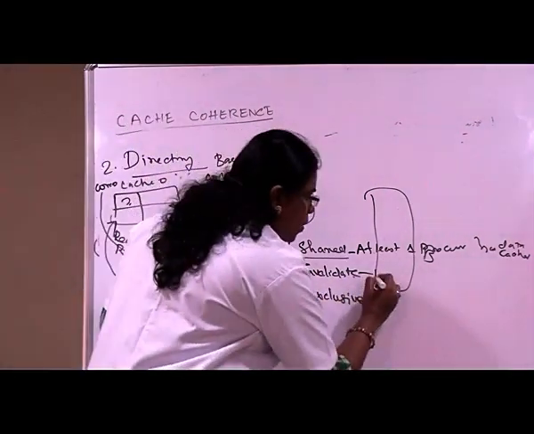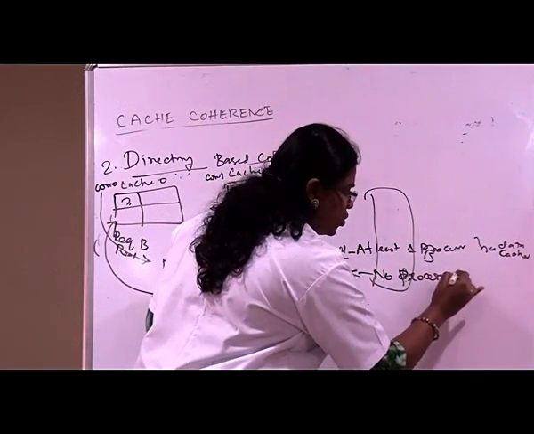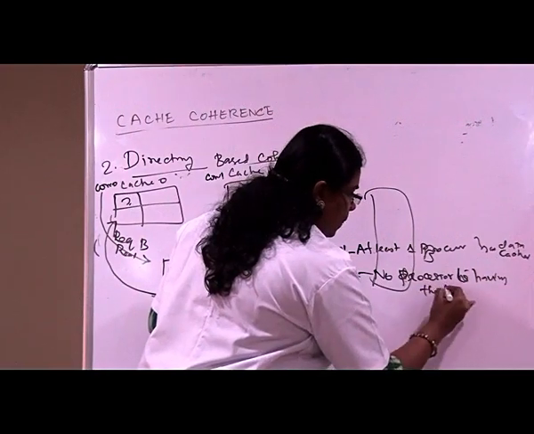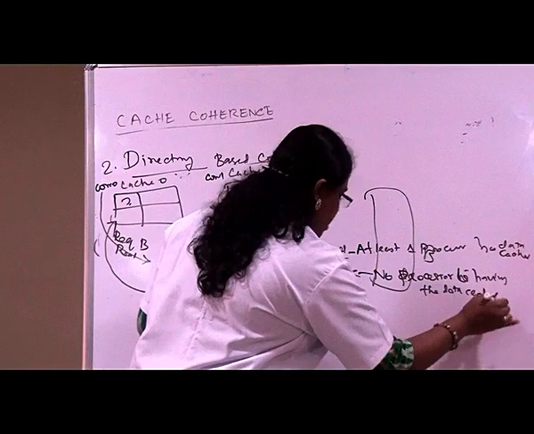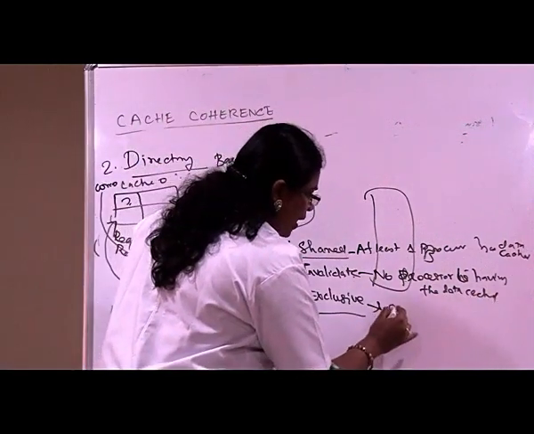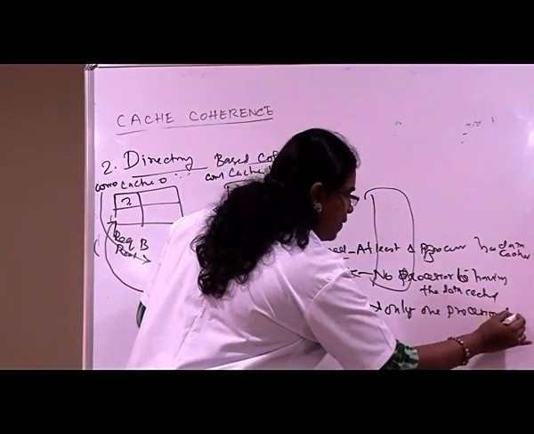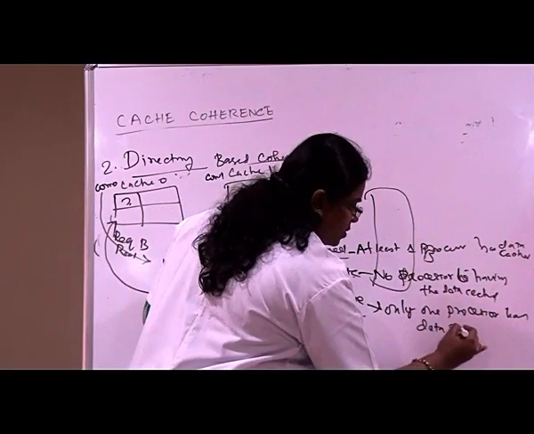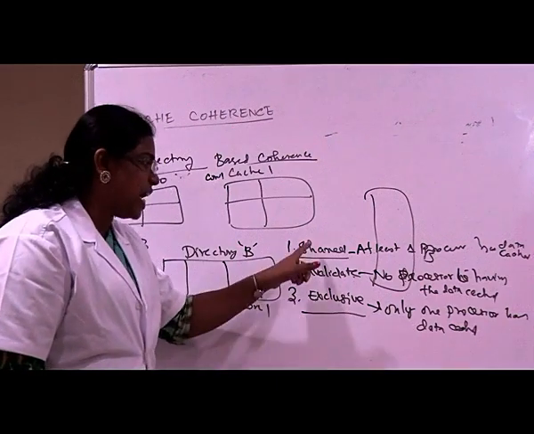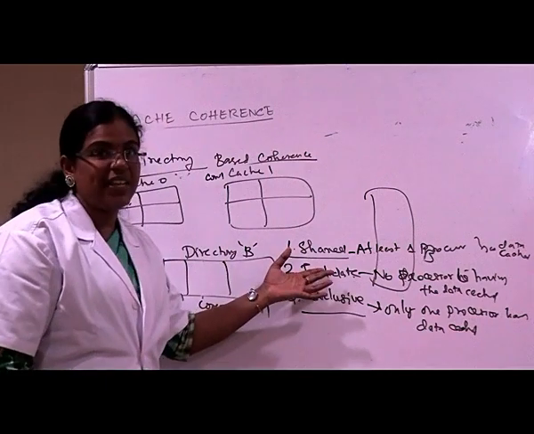Invalidate means no processor has the data cached. And the final one, exclusive, means only one processor has the data cached.